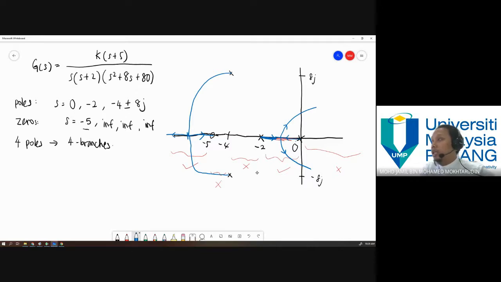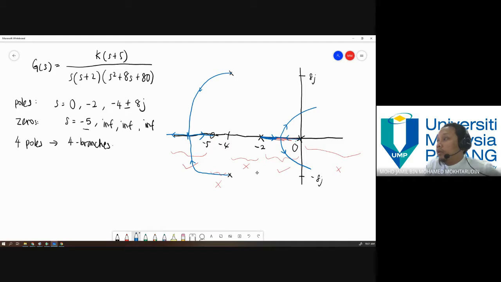If you look at this rough sketch, we have 4 branches, one here, one here, one here, and another one here. And it validates the sections of the real axis that have root locus.